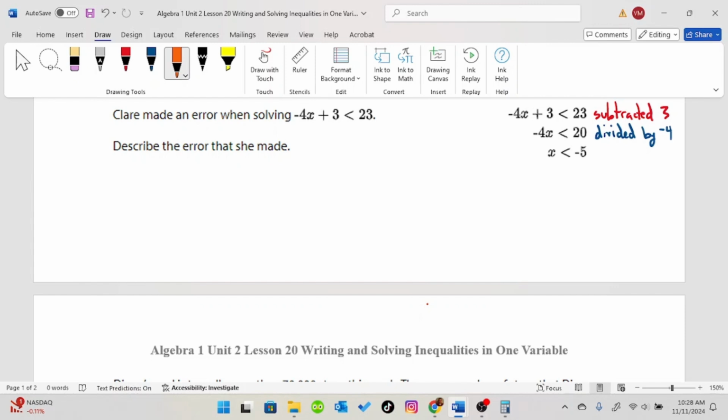This is a new feature with inequalities. If you divide by a negative, you must reverse the sign.